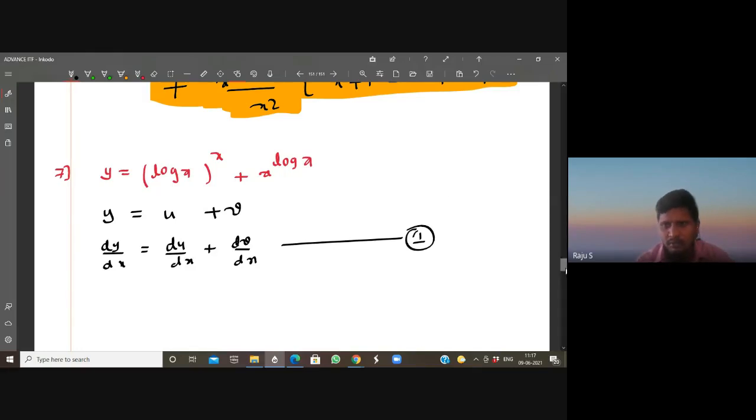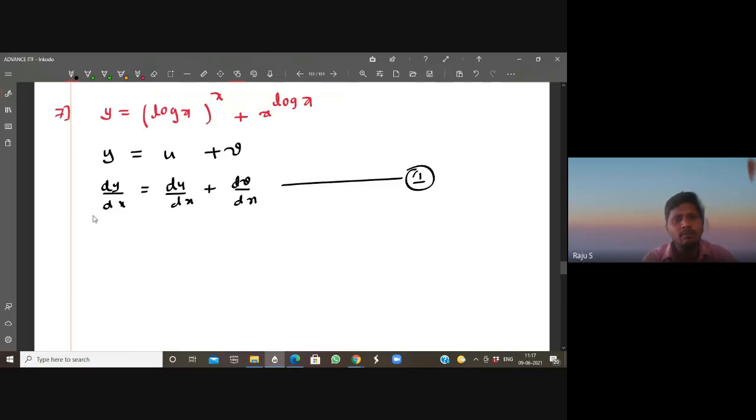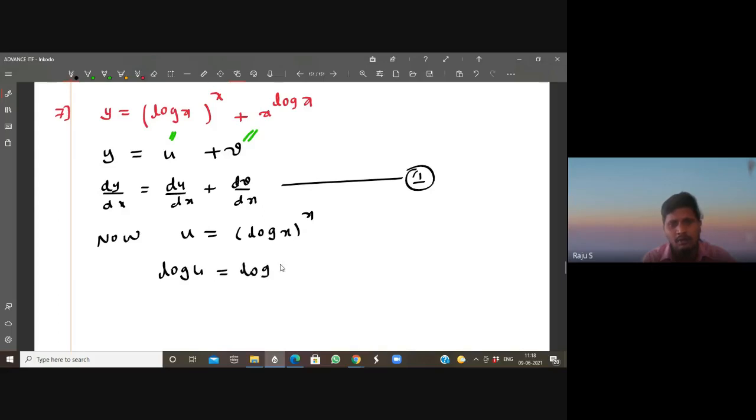Okay, so you can take u. Now, what is u? u is equal to, when I compare, log x whole power x. Apply log on both sides. I am writing directly log u is equal to log of log x whole to the power of x.